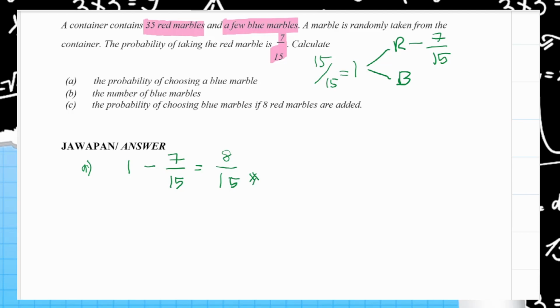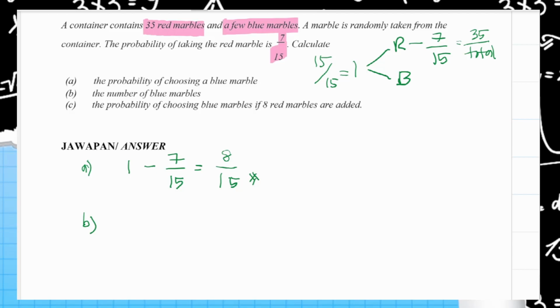Proceed to the B question. For question B, calculate the number of blue marbles. Maksudnya kat sini untuk red tadi, 7 come from 35 over total, right?